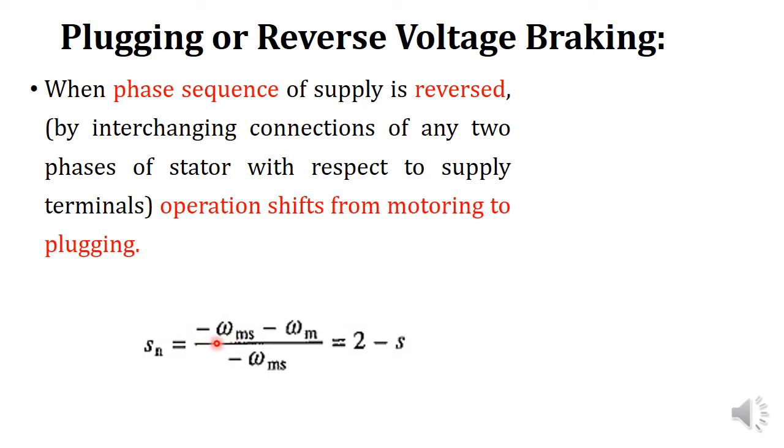Then the slip during plugging, Sn, is equal to minus omega ms minus omega m divided by minus omega ms. By rearranging the terms, we get 2 minus s, where s is equal to omega ms minus omega m by omega ms. So this is the equation for slip during plugging. We can see that the value of slip during plugging may go up to 2. The maximum value of slip during plugging is 2.